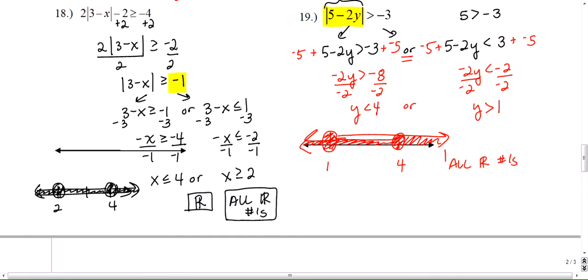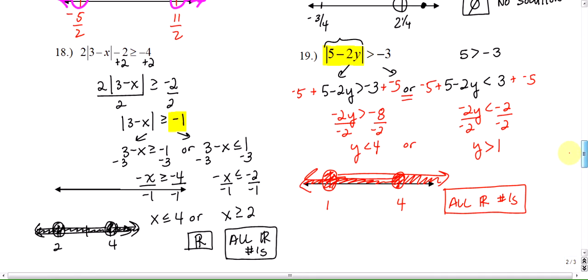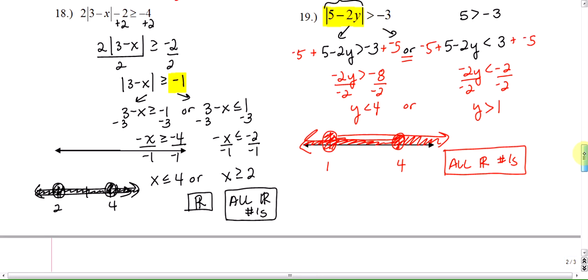That's the best answer, meaning anything will check out that I plug into this particular problem. So if I don't believe it, I could test a number, like we could pick -1, and the problem was 5 minus 2 times y.